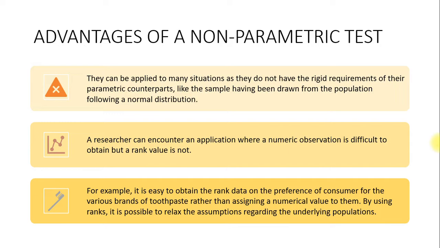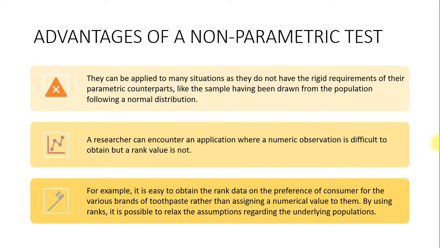The advantage of this non-parametric chi-square test is that it could be applied in any situation, and does not require a data set or population to follow a normal distribution.